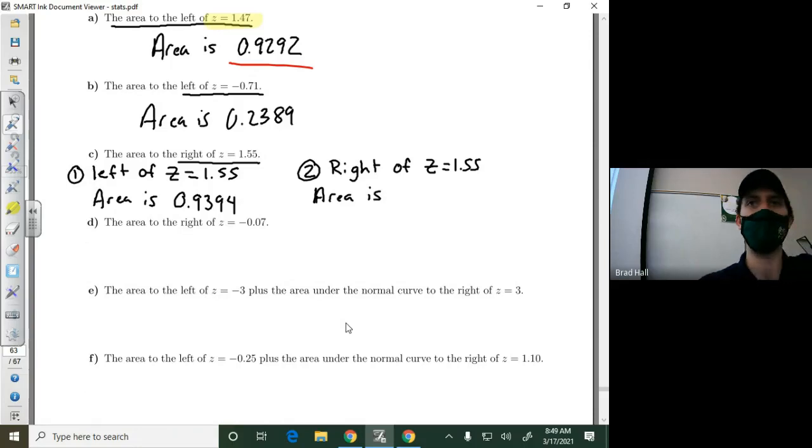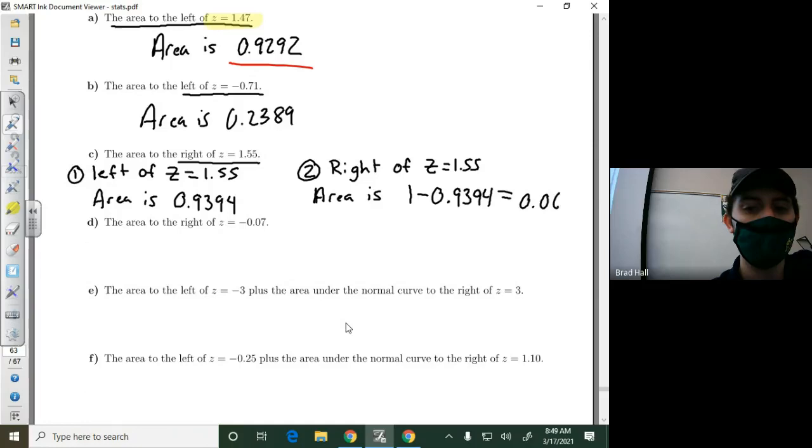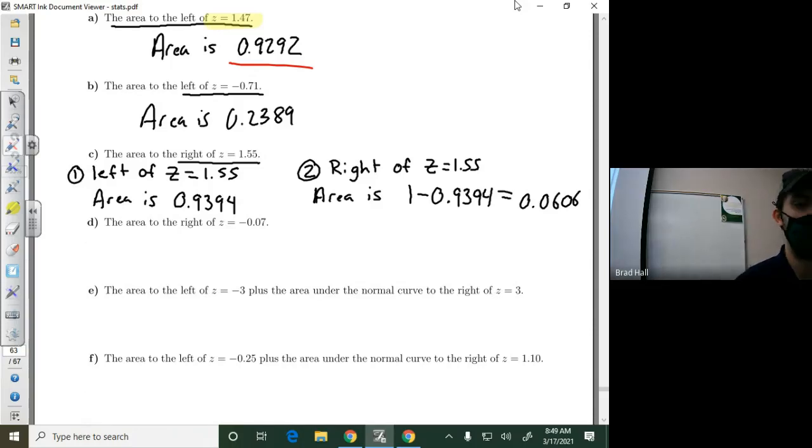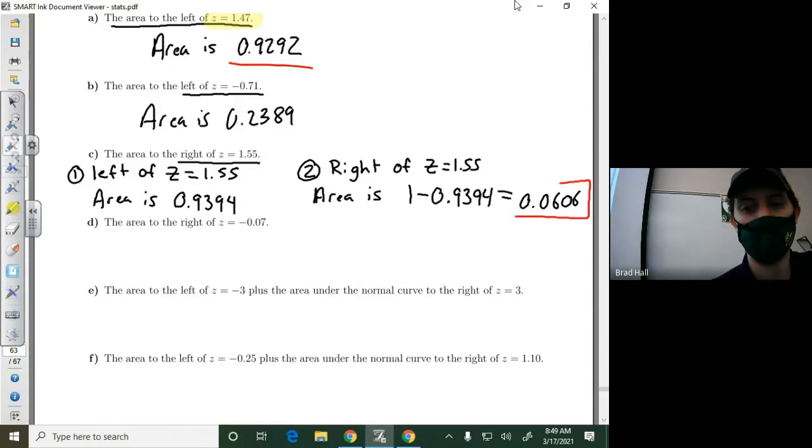We know that the total area has to equal 1, and we know one of the sides, which means we have to figure out the other side. Someone figured this out already? Yeah, it's 0.0606. Okay, cool. And so that would be the answer for part C.